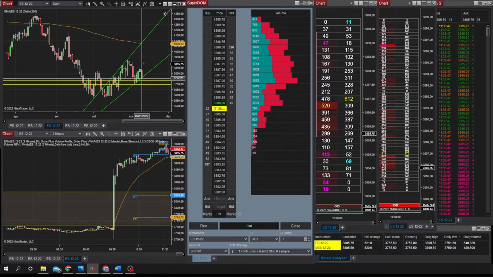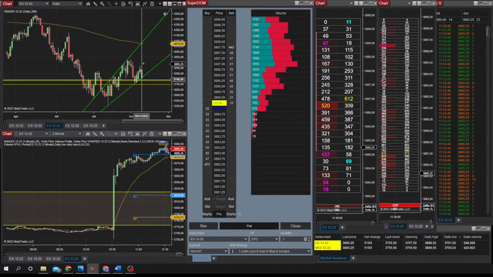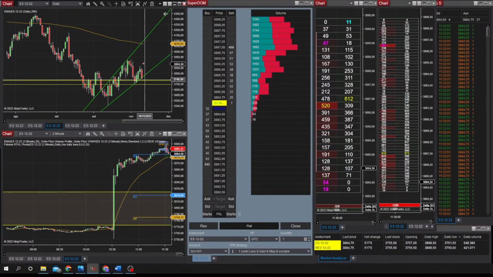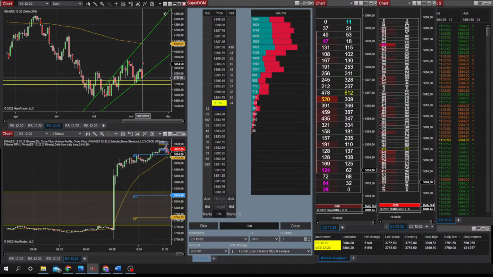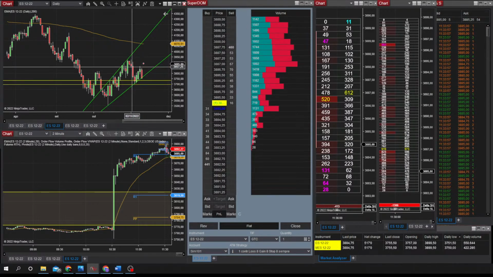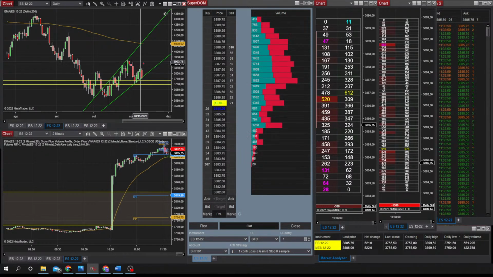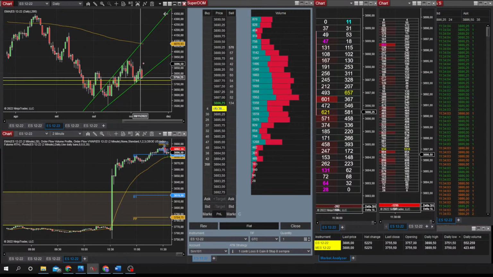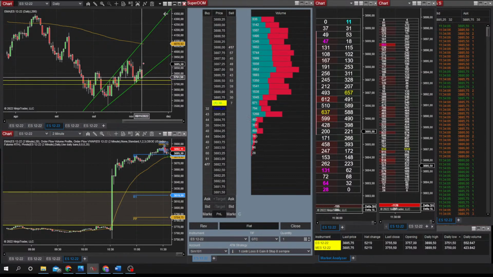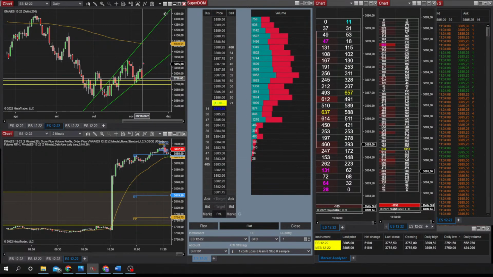So before the CPI data release, I was really looking at this region because we did not quit the upward move here, but we were also in this line.